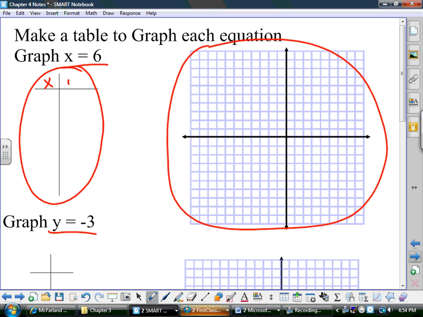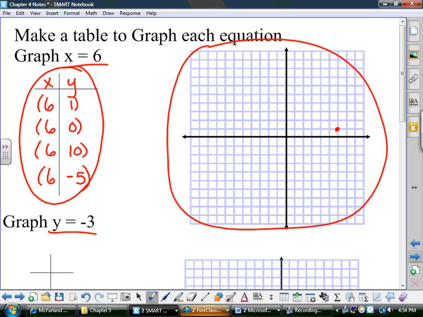In the first case, on our x and y chart, the x number has to always be 6. The y can be any number we want, so 6, 1 would work, 6, 0 would work, 6, 10 would work, 6, negative 5 would work. So let's plot those on the graph.